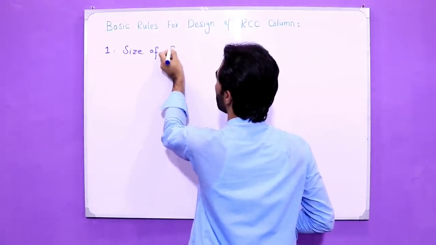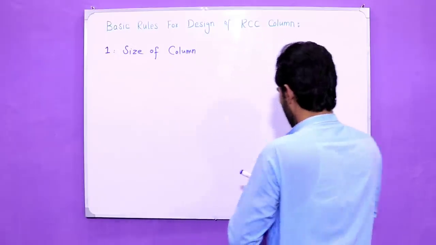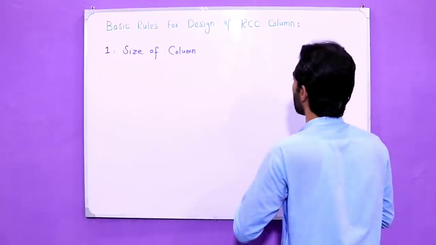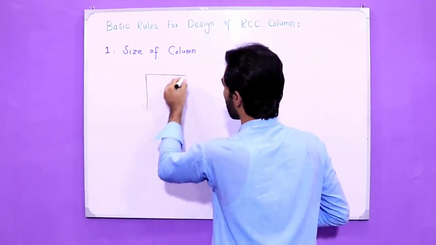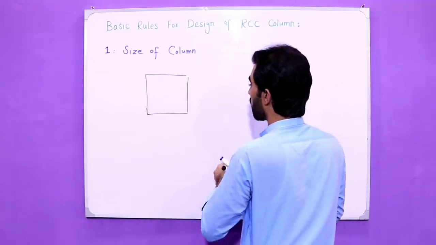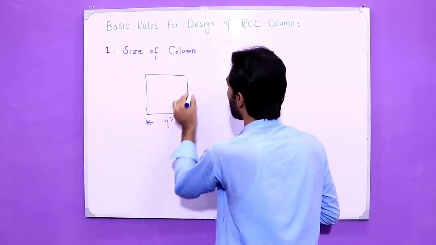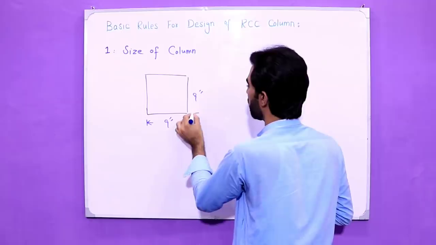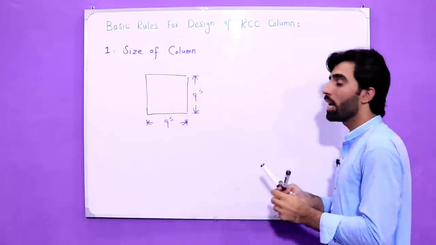Size of column. The first rule is size of column. As you can see, guys, this is a column. The size of the column should not be less than 9 by 9 inches.